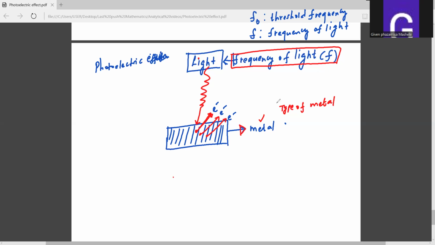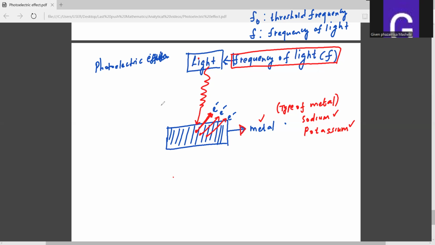Why am I saying the type of metal? If we compare sodium and potassium or magnesium, sodium and magnesium are different metals. So the type of metal has an impact on the electron ejection.